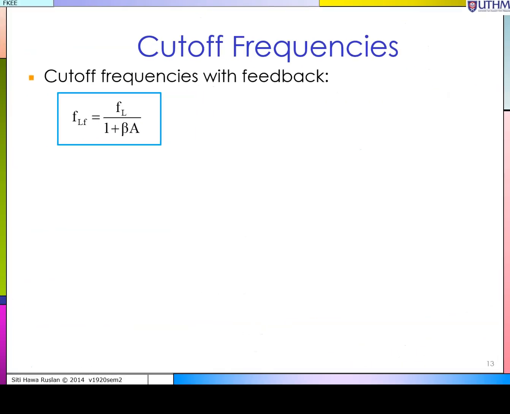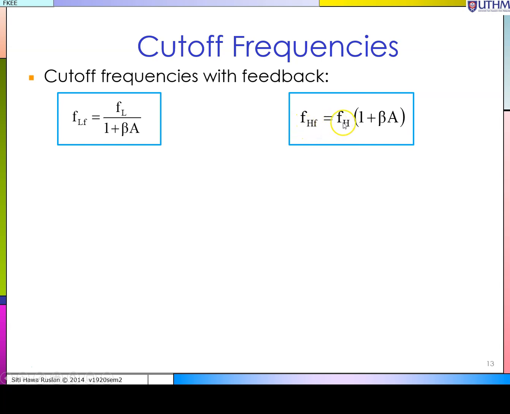If you look at the low cutoff frequency just now, the low cutoff frequency will be reduced by a factor of 1 plus beta A. It is FL divided by 1 plus beta A. Okay, it will be reduced. What about the high cutoff frequency?